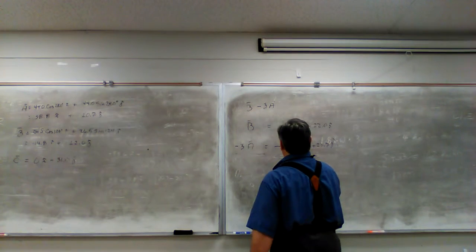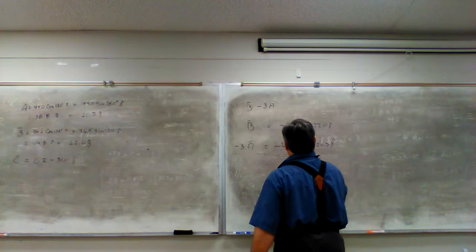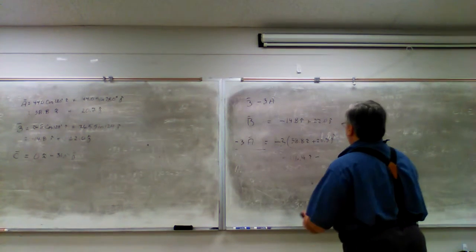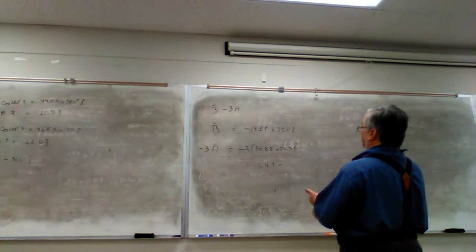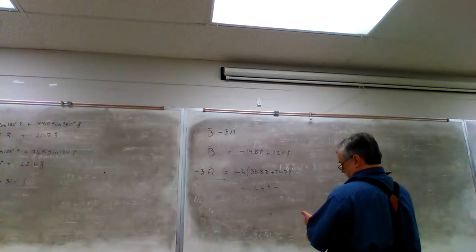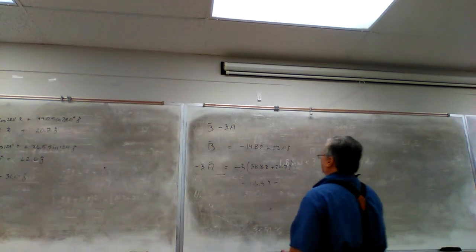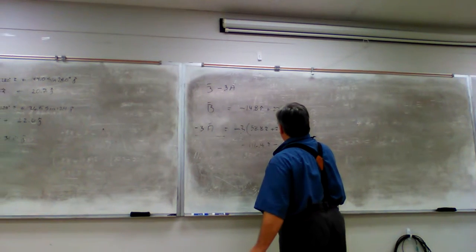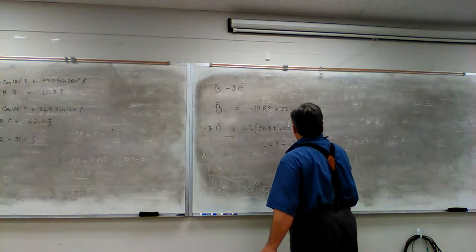So minus 116.4 I and negative 3 times 20.7. Minus 62.1 J.